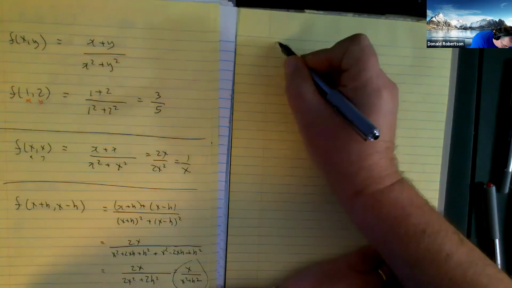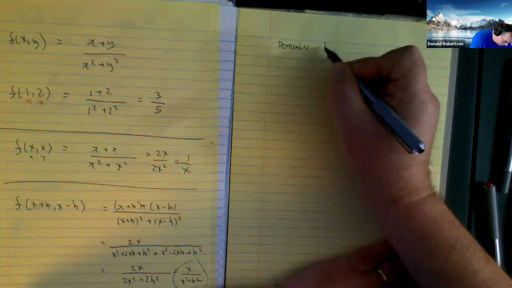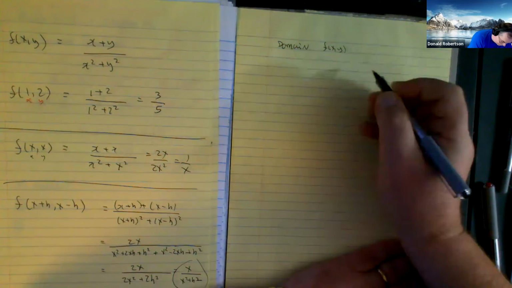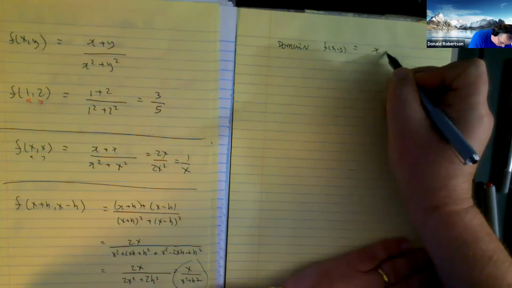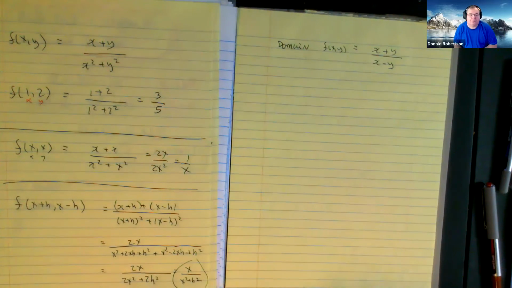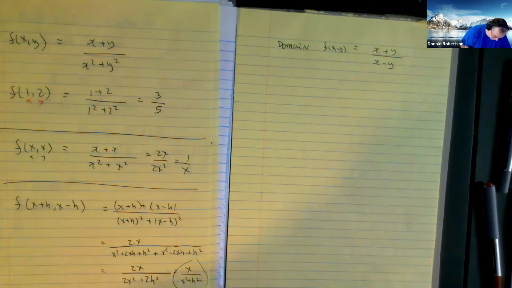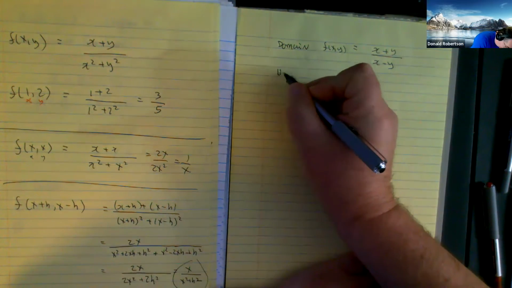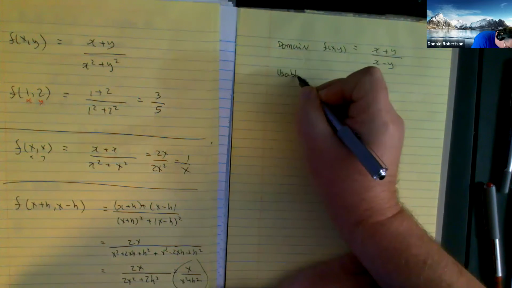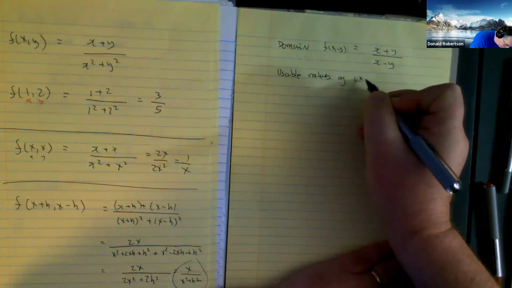Let's look at the domain of a multivariate function. There's an example of a function. If you want to find the domain of a function, it gets changed just a little bit. It becomes the usable values of x comma y.